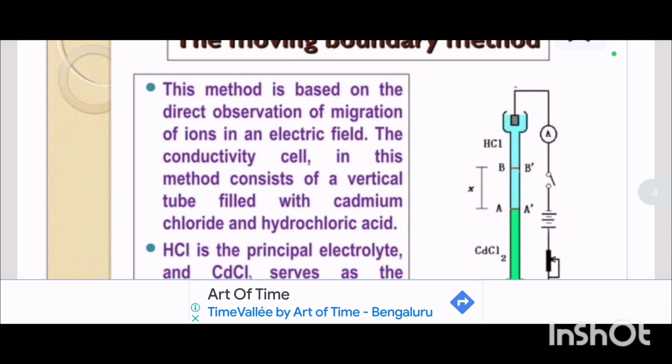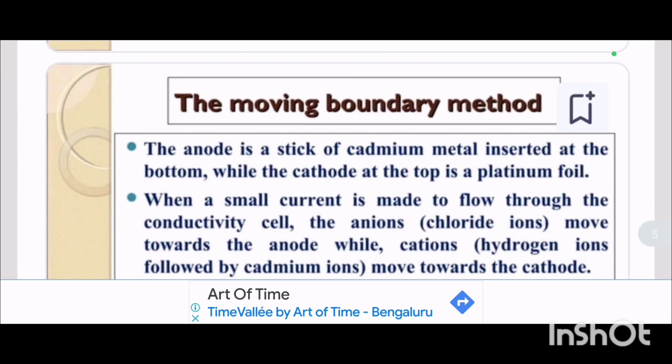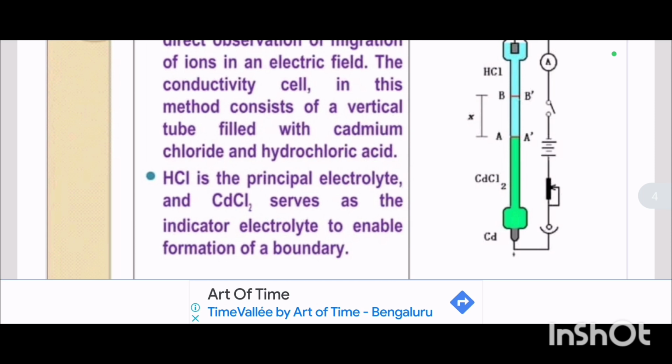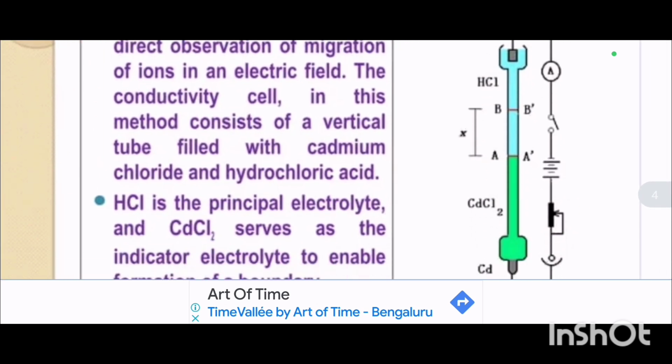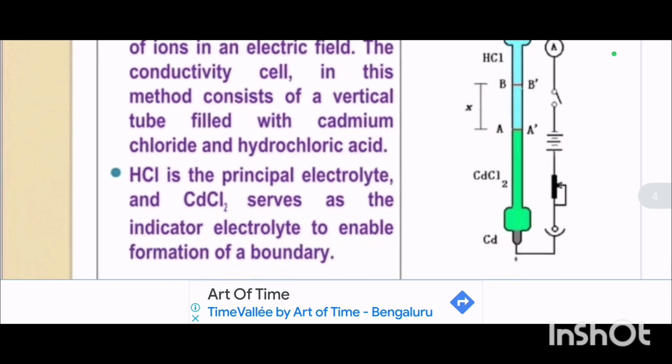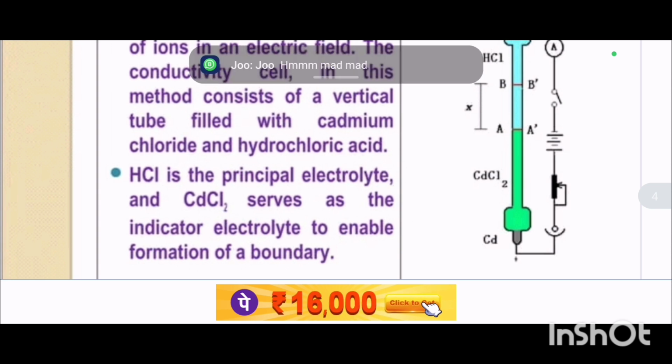HCl is the principal electrolyte, and cadmium chloride, CdCl2, serves as the indicator electrolyte to enable formation of a boundary.